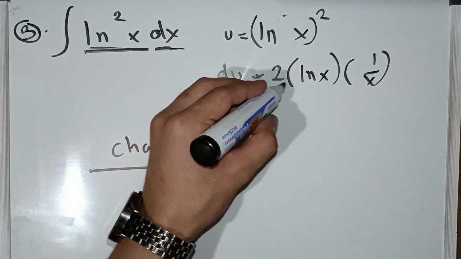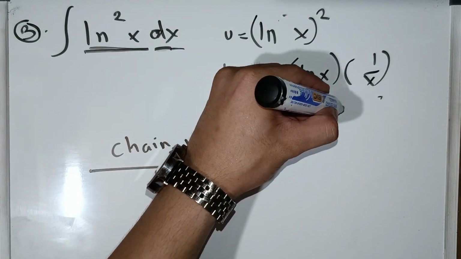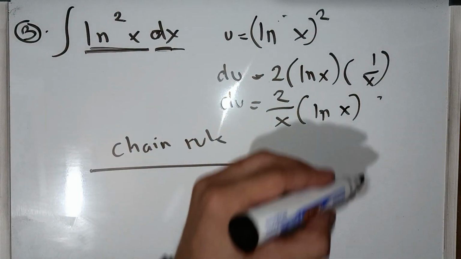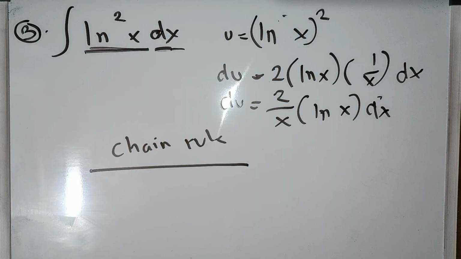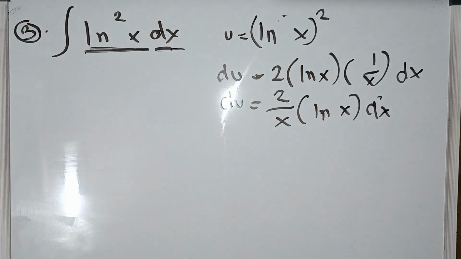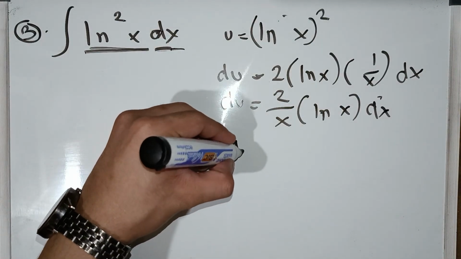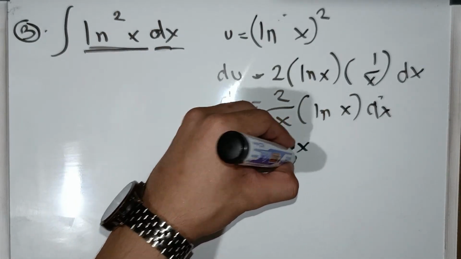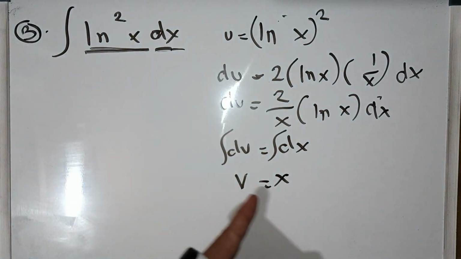So we write this, 2 over x multiplied by ln x dx. So let's erase this first. And now let's get the value of v, where dv is equal to dx. Integrate this one, so v is equal to x.